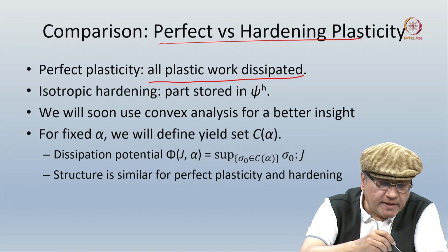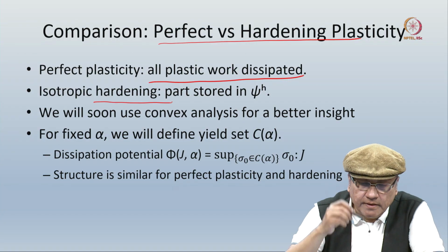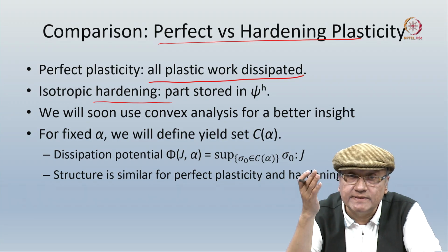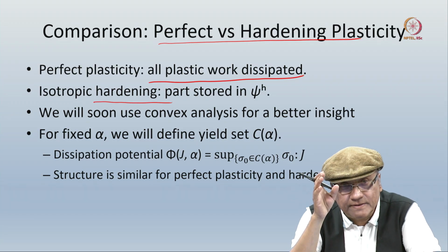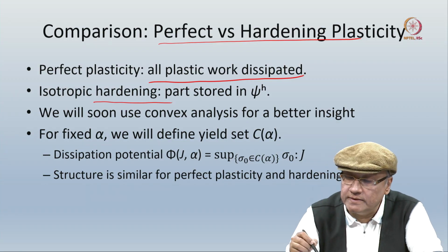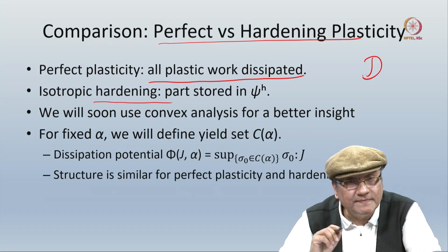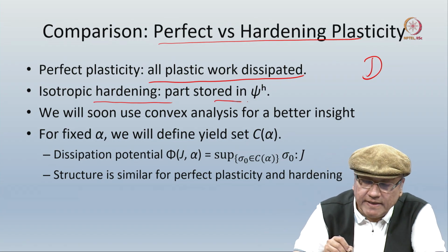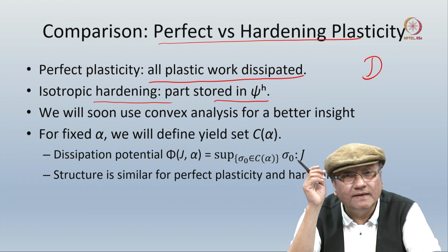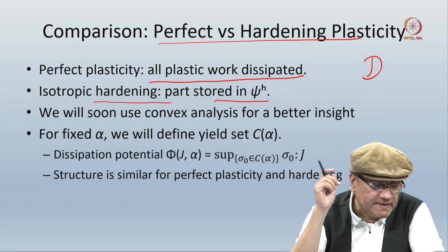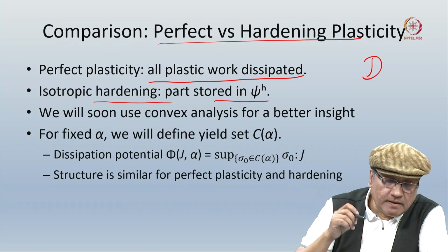In isotropic hardening, it is not the case. That means not all the plastic work is dissipated. Part of it is dissipated. That part which is dissipated is called D, script D, right. The other part is stored in psi h. It is in principle recoverable, right, only in principle.